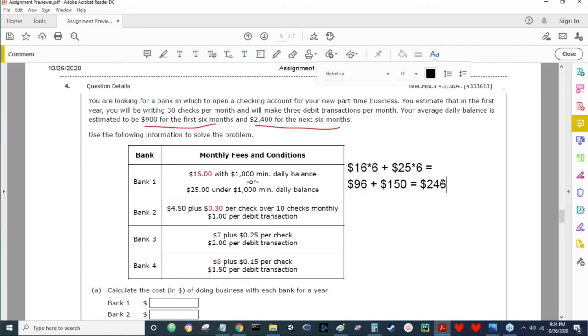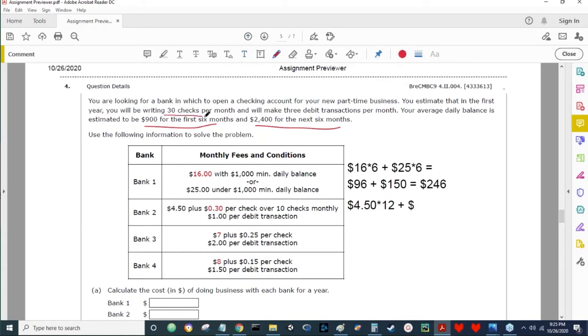Okay, so we're going to compare that $246, see if we can get something less for the year. Bank Two charges $4.50 per month. Look, there's no minimum, there's no maximum, okay? It's just a straight $4.50 a month times 12, because there's 12 months in the year. And they don't care whether we have $900 or $2,400 in the account. Plus, we get charged 30 cents per check over 10 checks monthly.